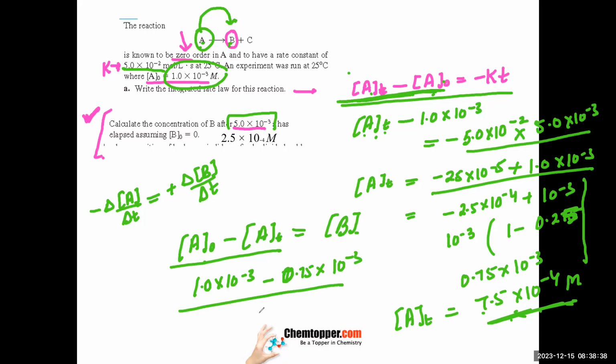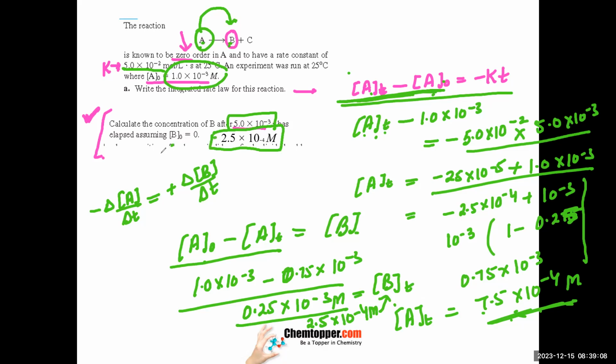If you subtract it, you will get 0.25 times 10 raised to minus 3, which is the concentration of B formed at that time t, in molar, which you can put in scientific manner. See, that's the answer.